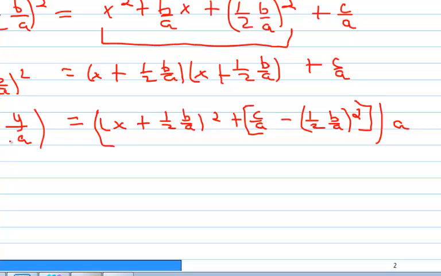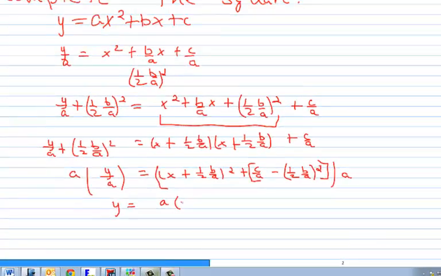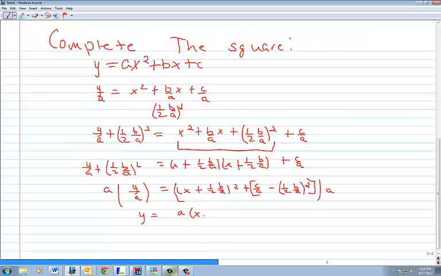When I multiply the left-hand side by a, I'm just left with y, and the right-hand side by a, I multiply each term. Remember, in the standard form of the parabola, there's a times quantity x minus h squared. So I don't want to distribute the a through these terms. I want to keep that x plus 1/2 b over a quantity squared intact.